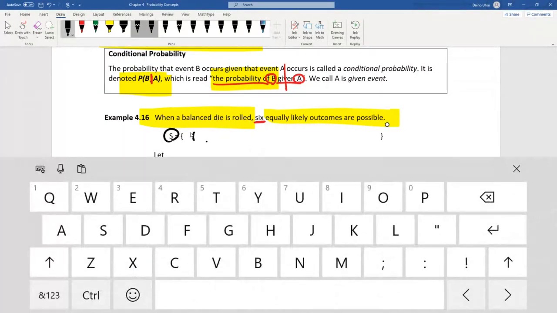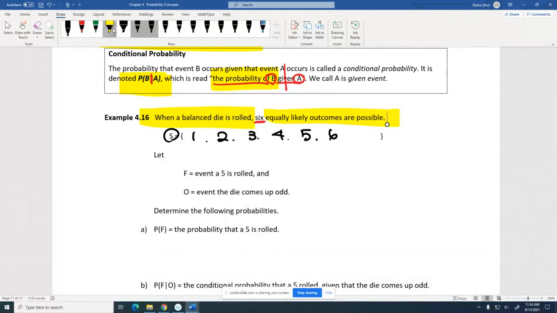That is the sample space. Now, the event F is the event that I got 5. So what is the probability I will get 5? 1 out of 6.